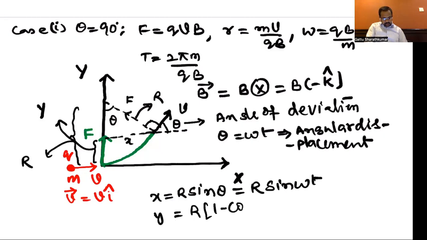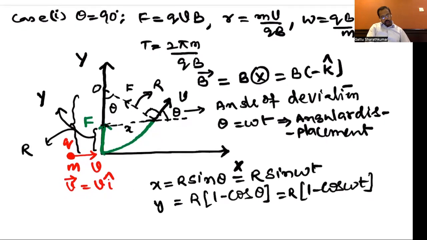You can clearly see that y is r into 1 minus cos theta, because from the center O to this point it is r cos theta, and this total is r. So for the point P, it is r into 1 minus cos theta, which will be r into 1 minus cos omega t. I hope you are able to follow the things.